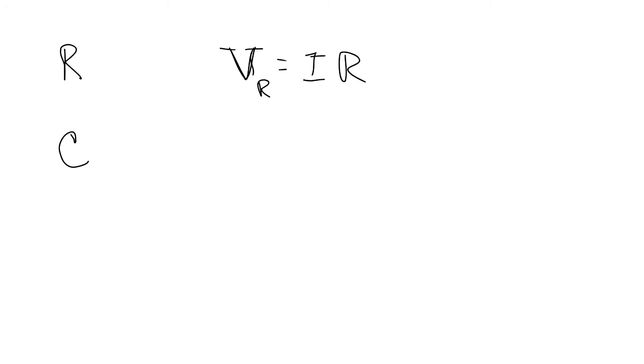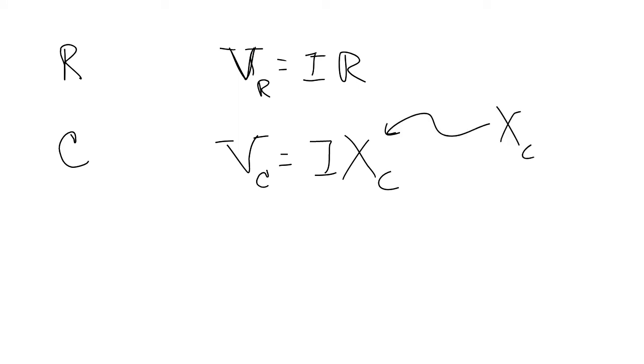For a capacitor, the voltage across the capacitor is equal to I times X sub C, which is the capacitive reactance, and X sub C equals 1 over omega times the capacitance, where omega is the angular frequency.